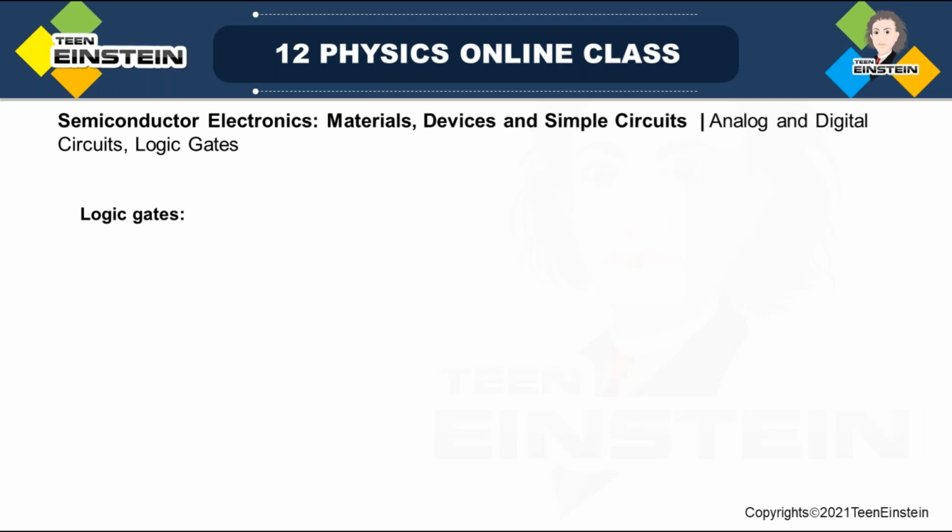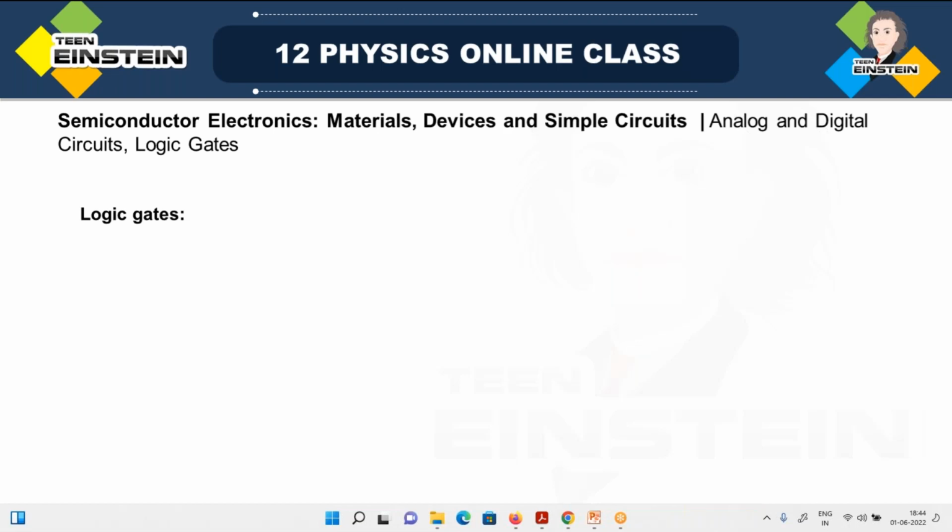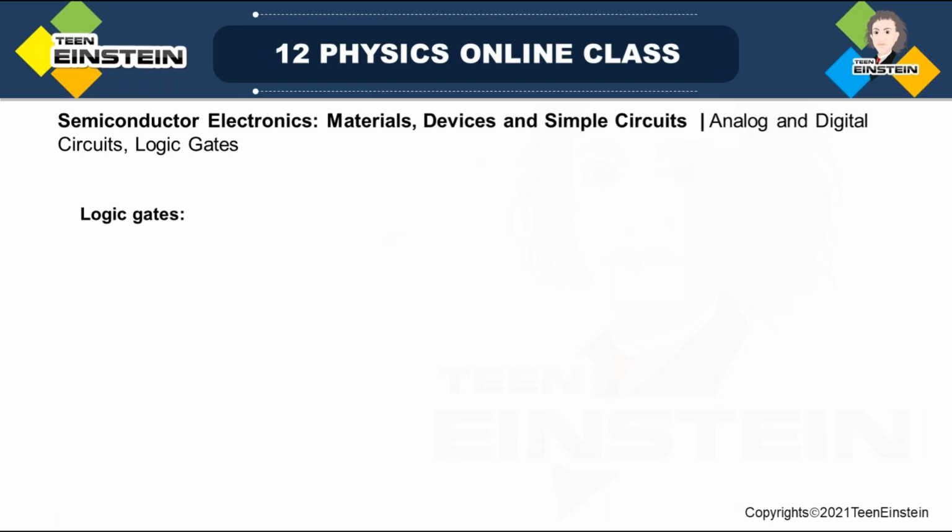So there are actually 3 basic logic gates, based on the basic Boolean operations.